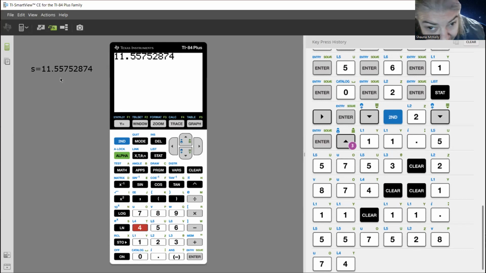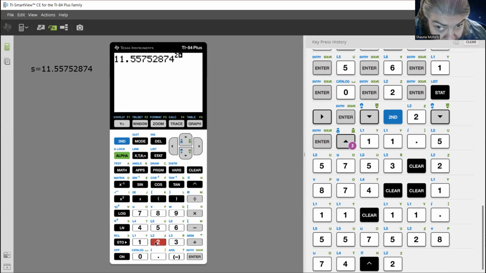All right, there we go. And I'm going to square it. Now, I've been showing you the squared key under square root. I'm going to use the caret this time, the little triangle that doesn't have a bottom. You have the caret up there, you put a 2 there. You square it, you put it in, and there it is. It's 133.57. If I round this, this is 133.6.